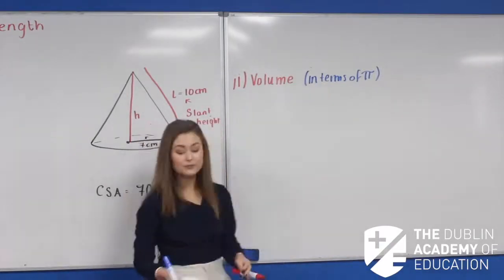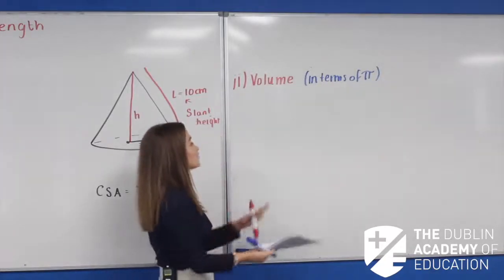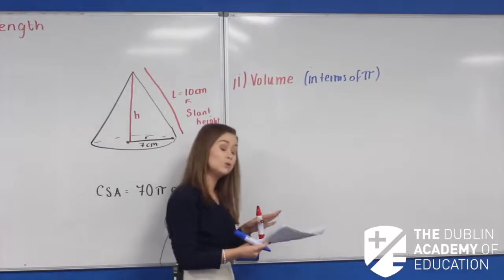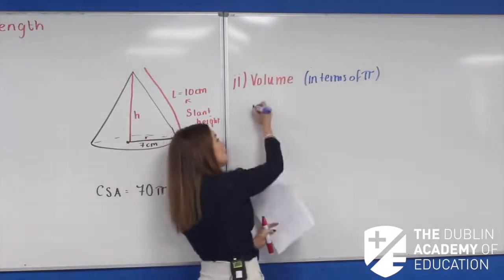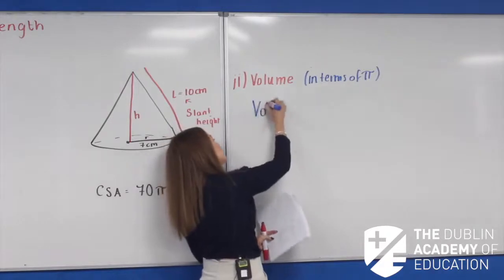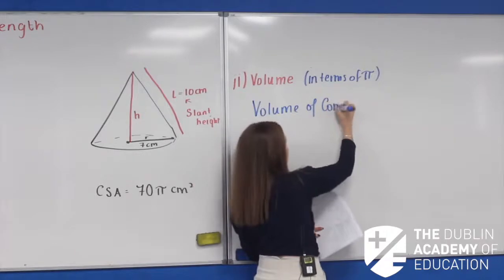The first thing I'm going to do is, we're still looking at my cone, so I'm looking for the volume of the cone. I'm going to write down my volume of a cone formula.